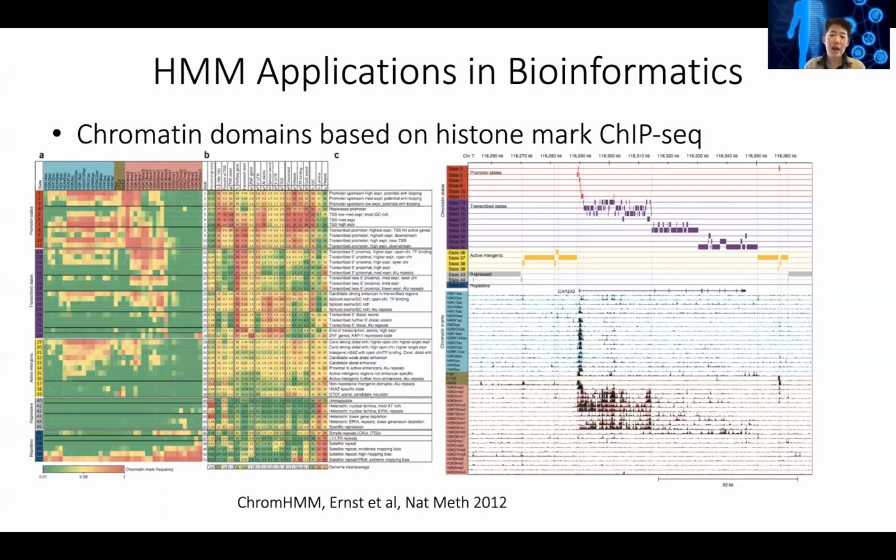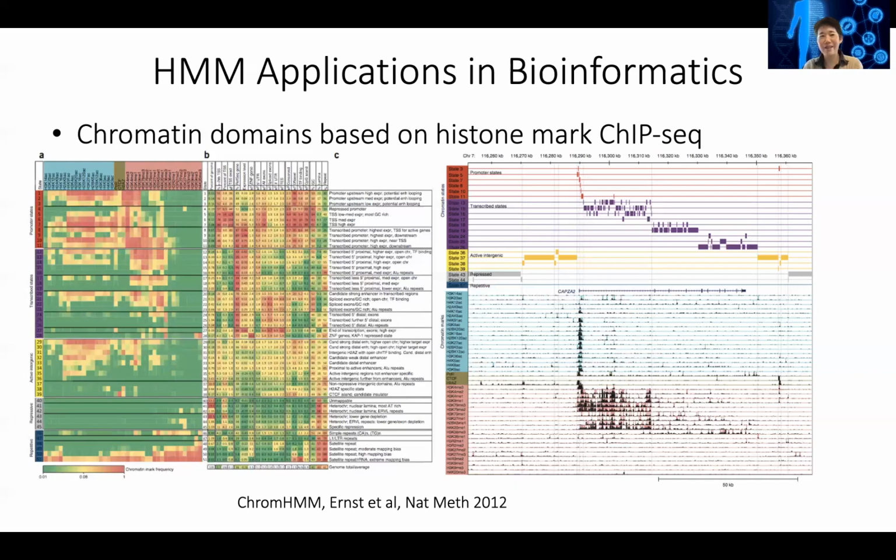Imagine that across the genome, people have done many different histone mark ChIP-seq experiments. By looking at all the data together, in work done by Manolis Kellis's lab at MIT, they can divide the genome into many different states. Some states could be promoters, some regions could be exons.